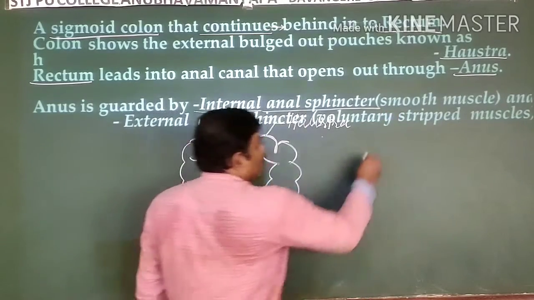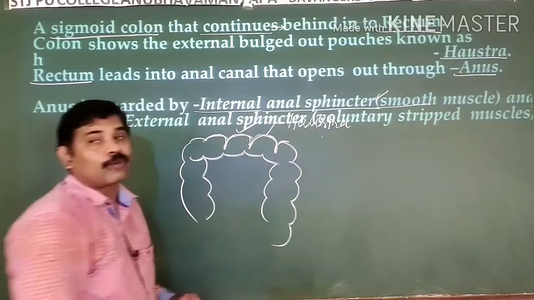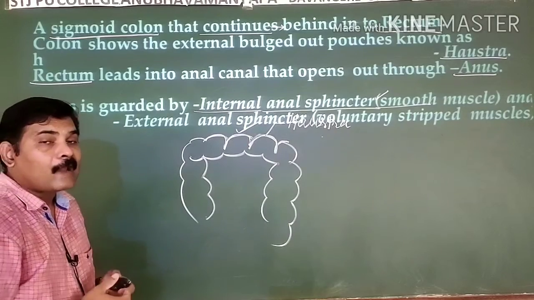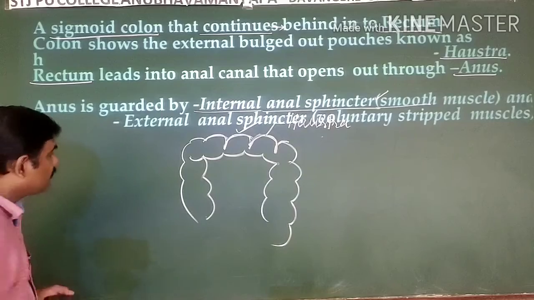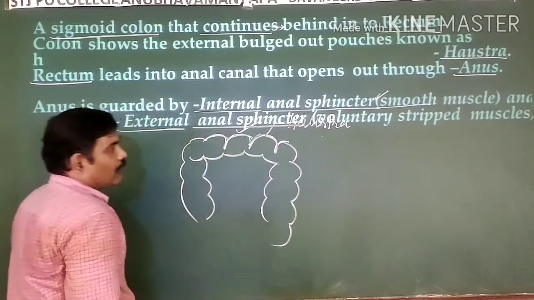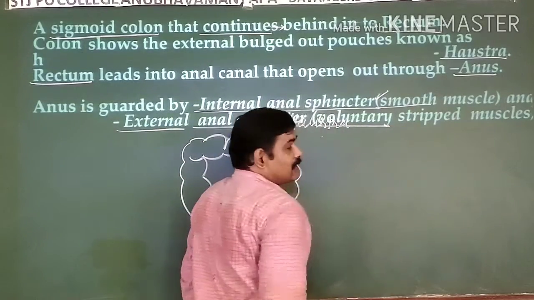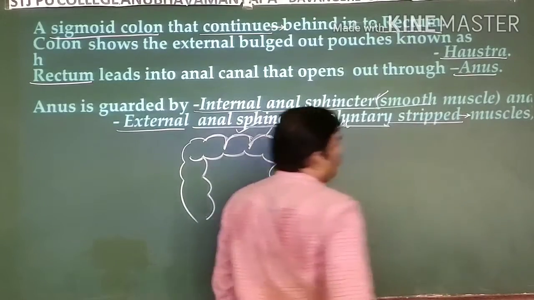This sphincter is made up of smooth muscles. Smooth muscles are involuntary in their function. That means their contraction and relaxation is not under our control. Whereas the second one is known as the external anal sphincter, and this external anal sphincter is voluntary in its function. They are striped in nature, such kind of muscles.